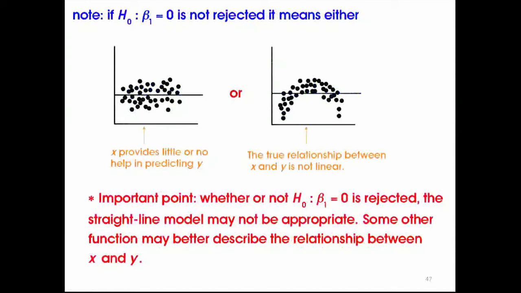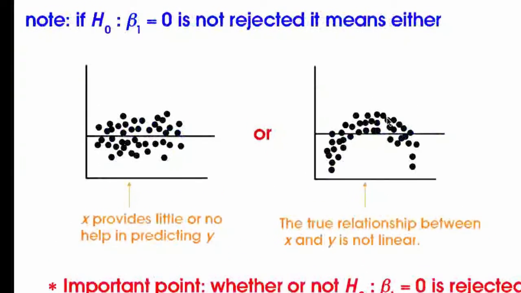Note here that if you don't reject the null hypothesis that beta 1 equals 0, there's one of two things going on. One is that x simply doesn't provide any information about predicting y, so the slope is really 0. That's the true state of the world. Or it could mean that the association between x and y looks like this.